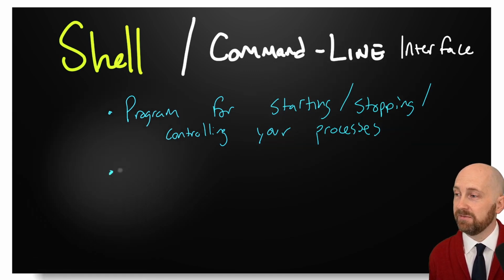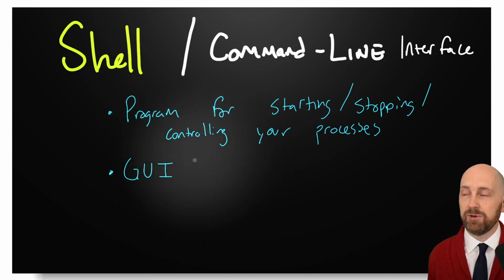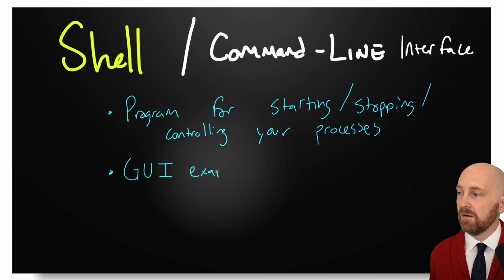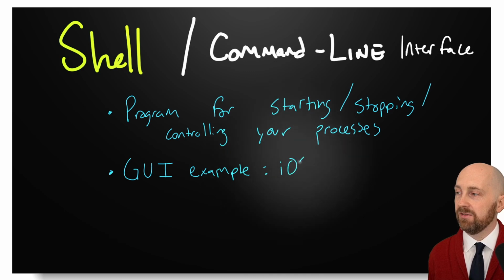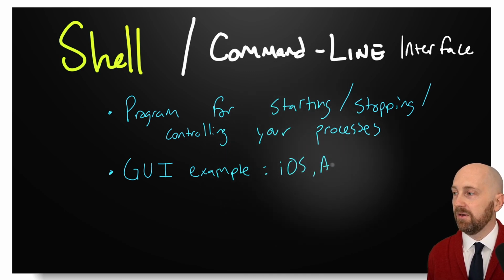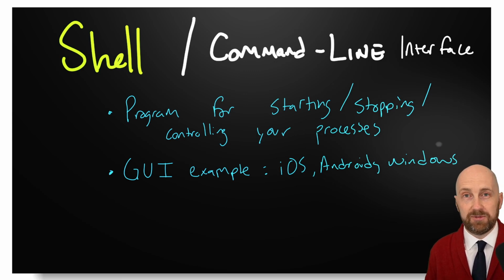So some examples of graphical, I'm not going to write this out. The common acronym here is graphical user interface, GUI. Examples are your iOS interface, your Android interface, Windows, and Mac OS, and other types of user interfaces that you can begin programs from are examples of graphical user interface shells.